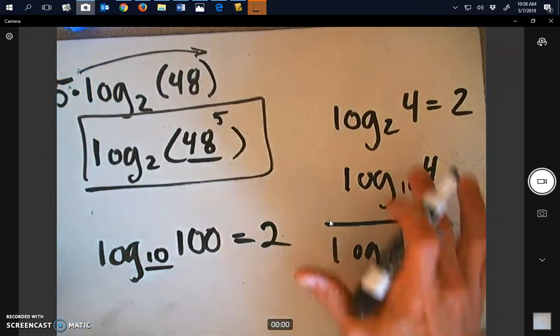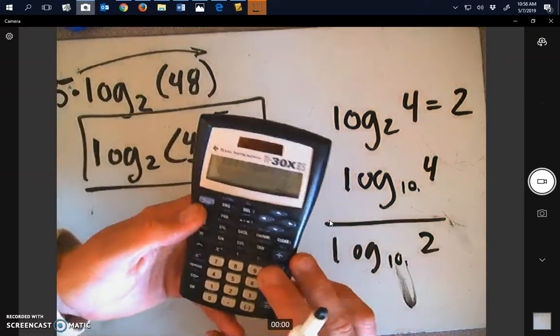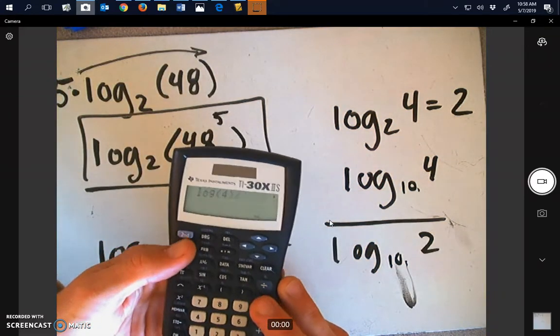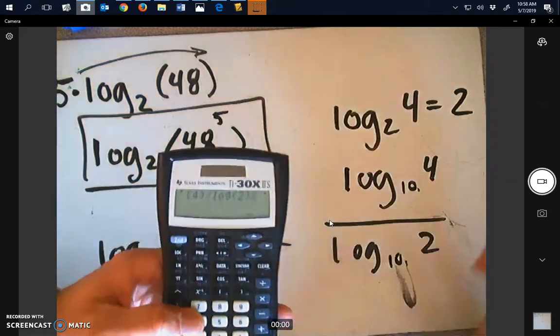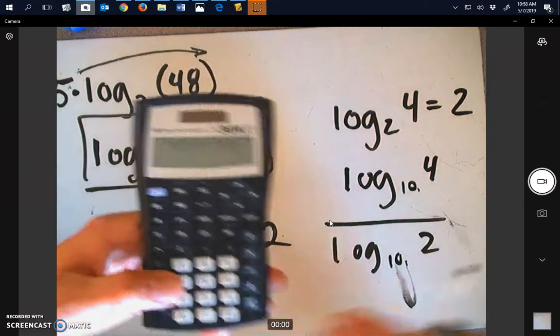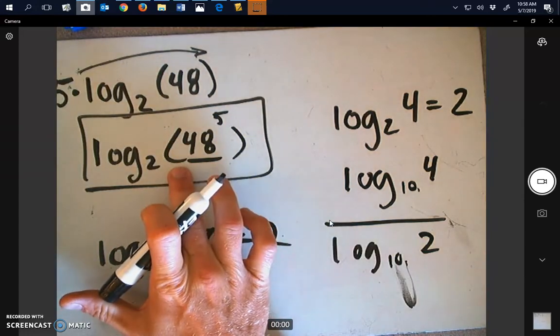I can also check this over here. I can do log 4 over log 2, so log 4 divided by log 2 should equal 2 as well. And there it is. This is really helpful for problems like this that we don't really know the answer to.